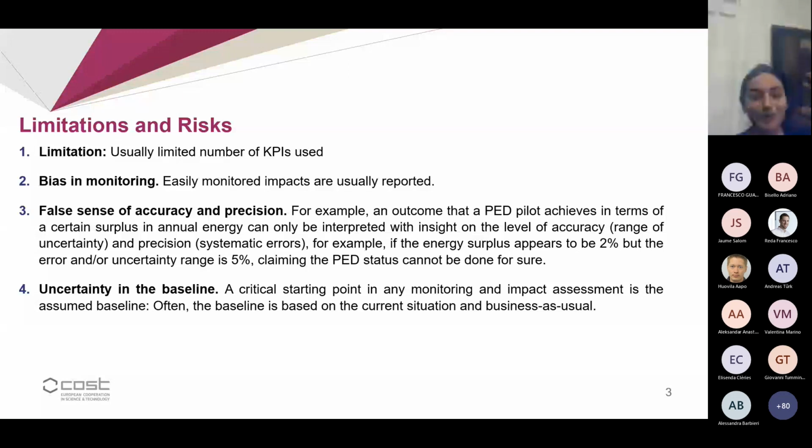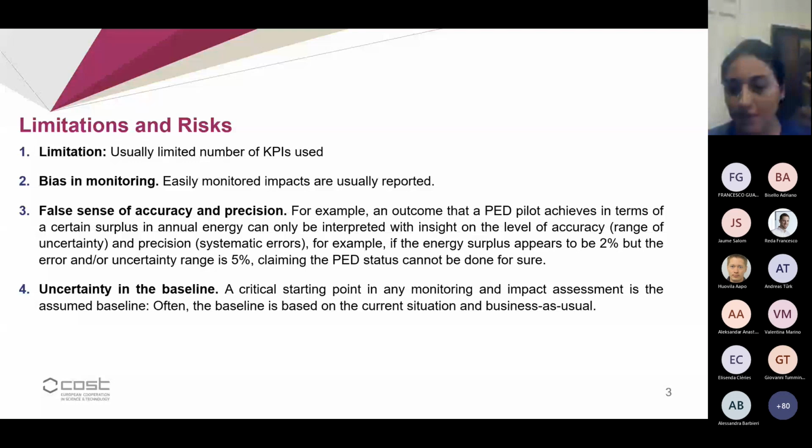They usually monitor the impacts where the KPI can be easily reported. When it was really complex, they tried to ignore it, or they didn't have information regarding that. And there was uncertainty in the baseline that they had provided already.